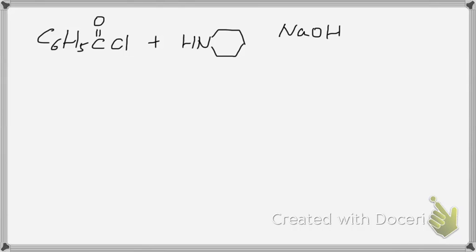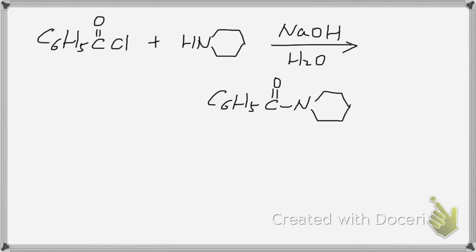So let's see a specific example here. We have an acyl chloride, and we have a secondary cyclic amine. Those two will react together in the presence of sodium hydroxide. The product will be an amide. And in this particular case, only one equivalent of the secondary amine is needed, because we have added sodium hydroxide.